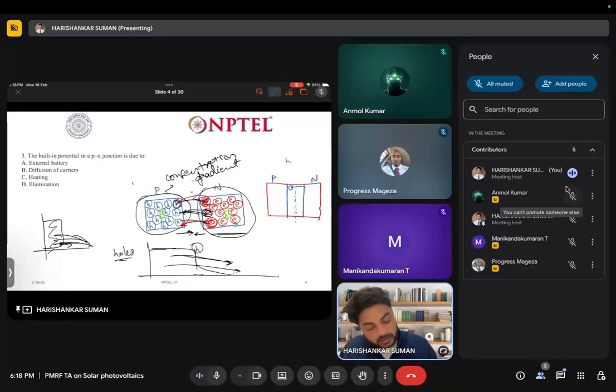Initially the semiconductor is neutral, the atom is neutral, but the hole is recombined with an electron, the hole is gone, then a minus charge appears. Let's say we have an atom, some silicon or something else, and an electron is gained, so a minus charge will appear on that atom.